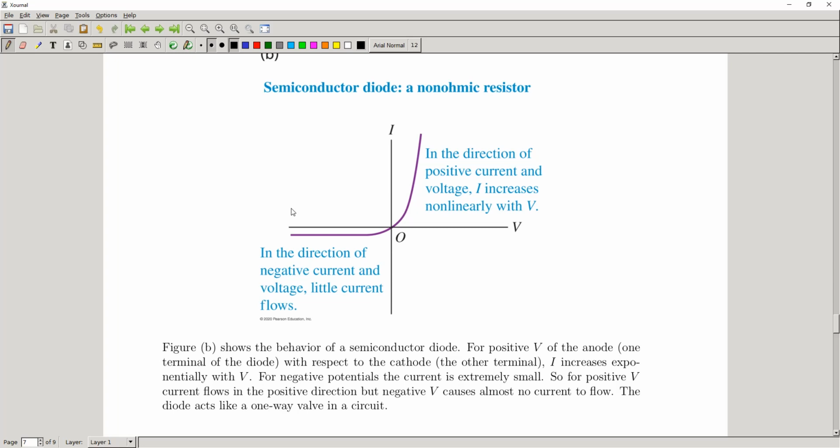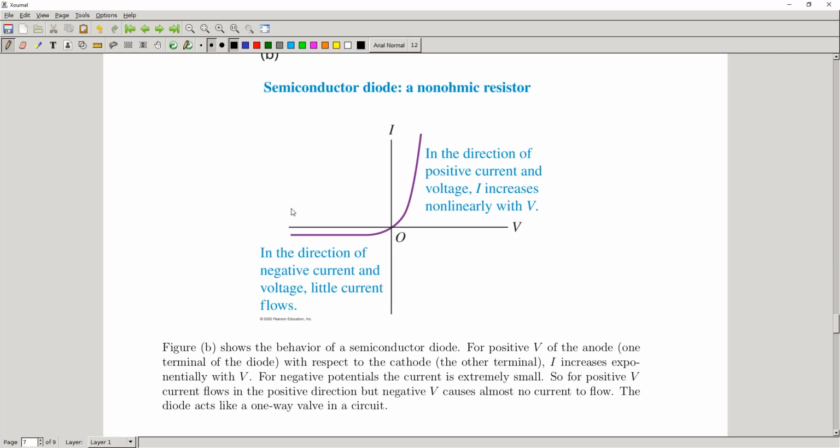This behavior, this plot here, is what we call a semiconducting diode. For positive V, the anode and the cathode are two different ends of our diode.